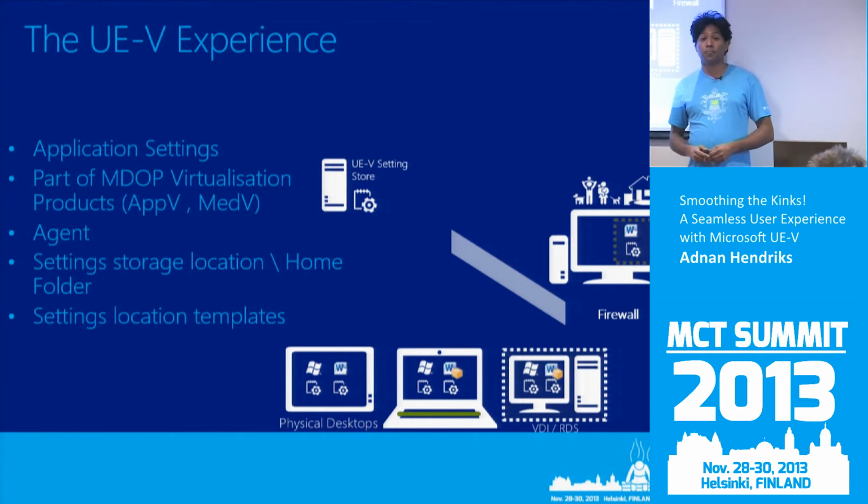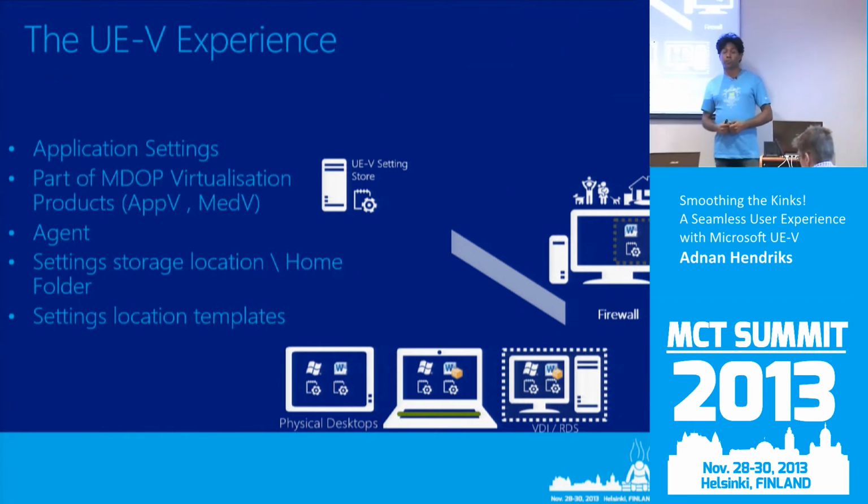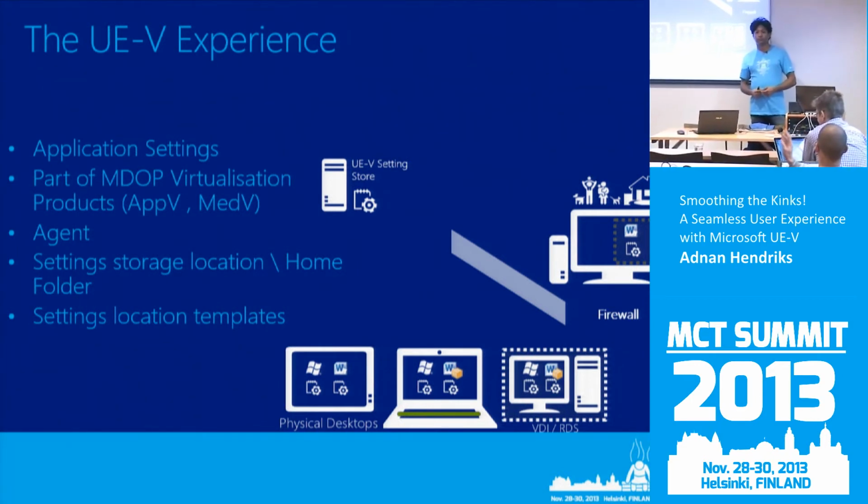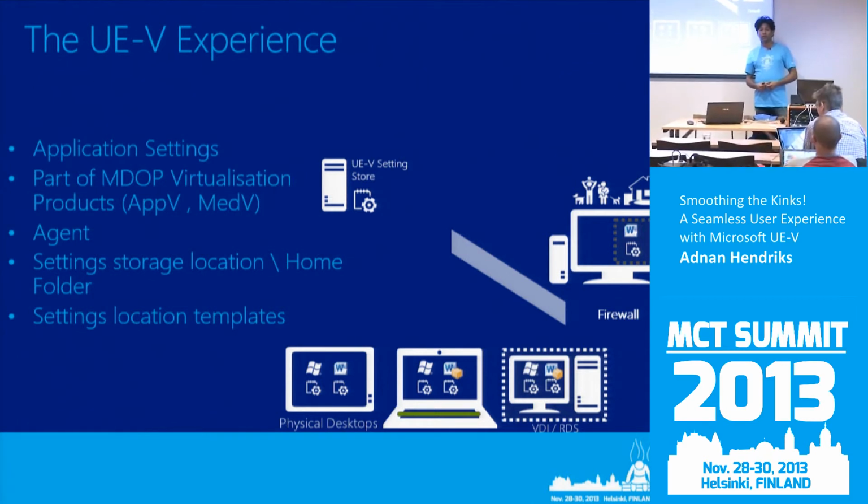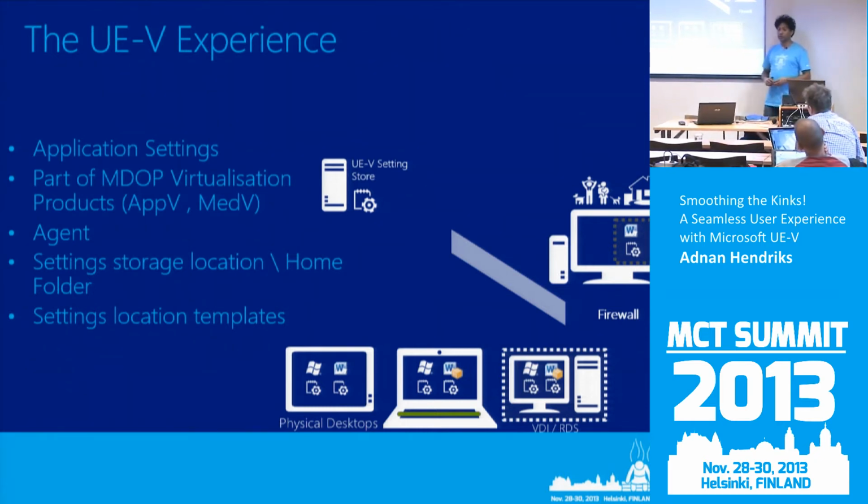Can you migrate? Like you're upgrading from 2007 to 2013, and they have changed it to the black Office theme. You could do that. The question was, can you migrate? Let's say you're moving up to a different version. The only caveat to that is that UEV doesn't work with Office 2013.